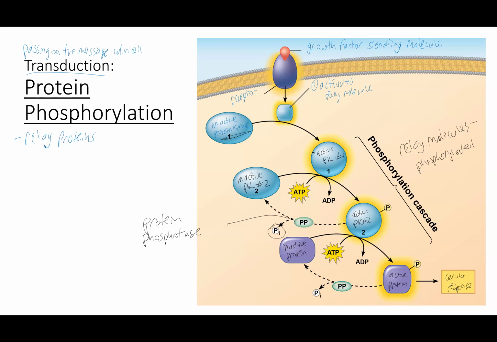So we talked about phosphorylating tyrosine with a tyrosine kinase molecule. Most of the protein kinases in the cytoplasm will phosphorylate only 2 amino acids: threonine, however you like to say it, or serine.